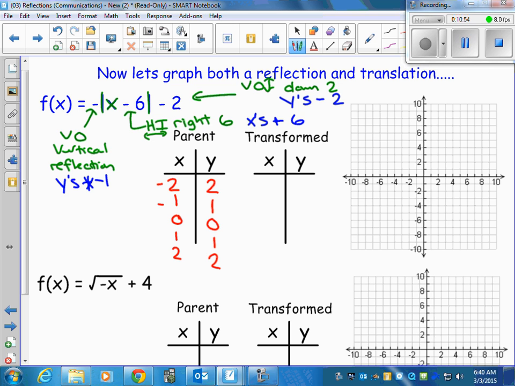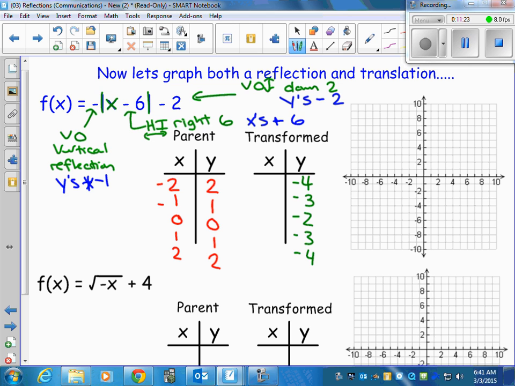So if we perform those transformations, starting with our y values, multiply by a -1 and then subtract 2. So 2 times -1 is -2, minus 2 is -4. -1 minus 2, -3. 0 minus 2. -1 minus 2. And -2 minus 2 for our values.